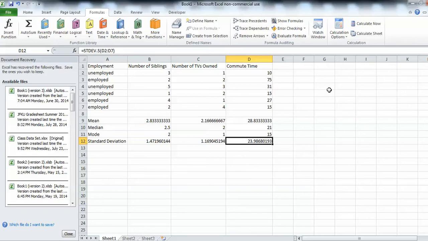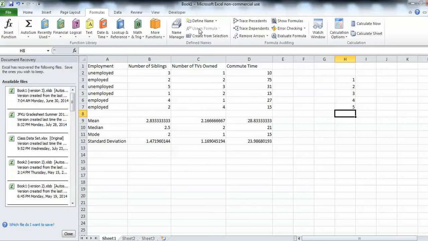For example, you could just have a bar for 1, a bar for 2, and a bar for 3. If that's what you're doing, then just look at what the lowest answer is. For me, it's 1. Just type in 1 right here, and then keep going until you reach the highest number. For me, the highest number is 5, and then stop.